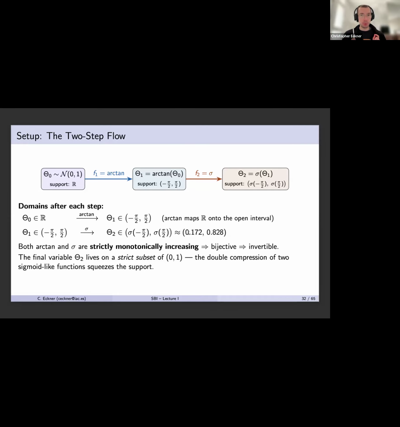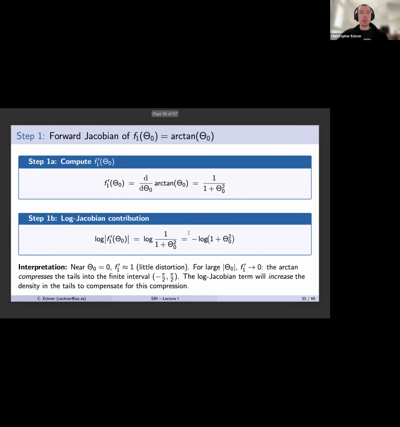So what we are doing here actually works. Let's see how this works in detail. We first compute the forward of the first transformation: we apply the arctangent to our theta 0 variable that is normally distributed.